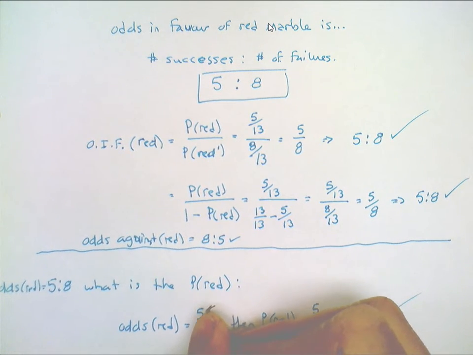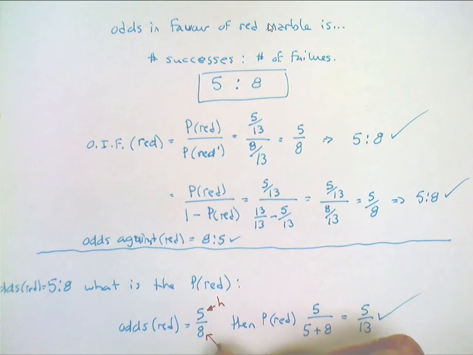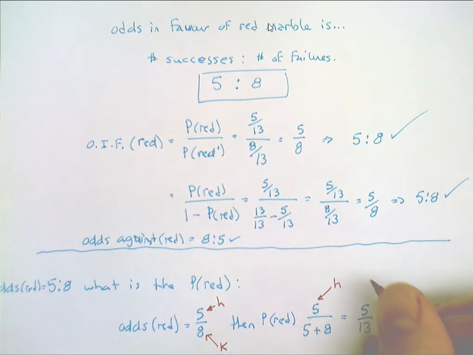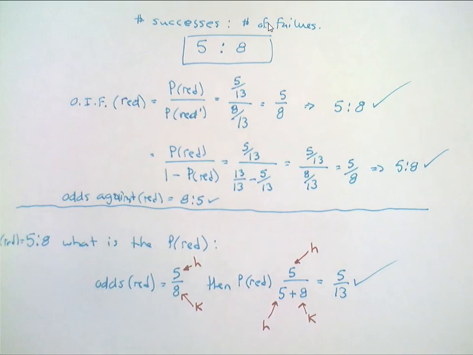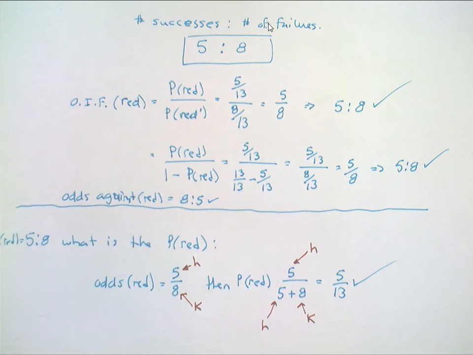So this represented your h, this was your k, this is your h, and then you add the k. And that was the formula that we saw on the front side of that page.